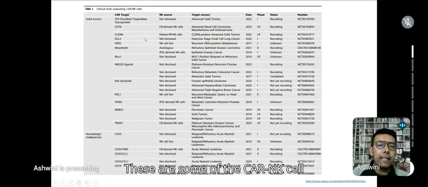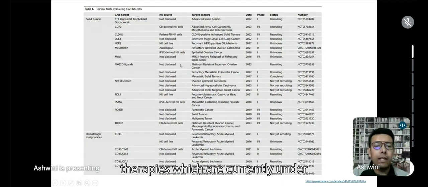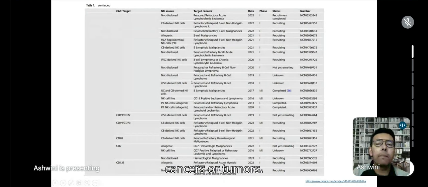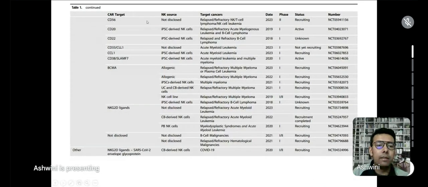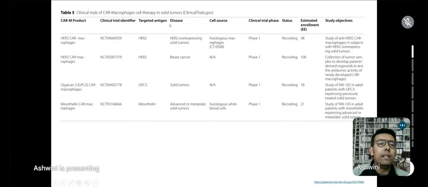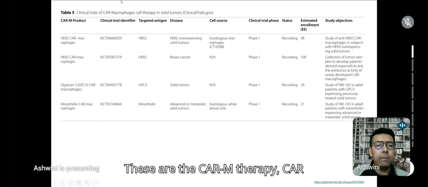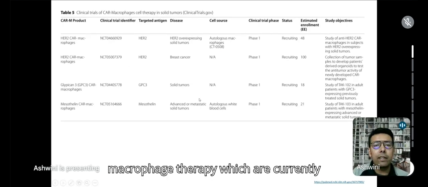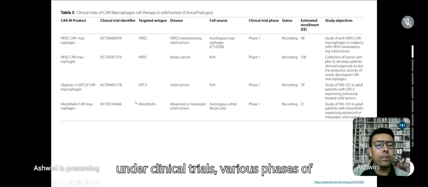These are some of the CAR NK cell therapies which are currently under clinical trial for different types of cancers or tumors. So these are just the tables. These are the CAR-M, CAR macrophage therapies, which are currently in various phases of clinical trial for different types of tumors.